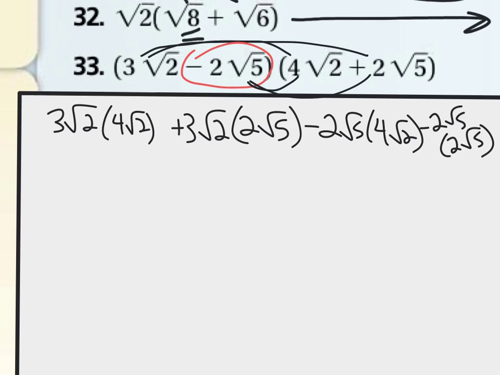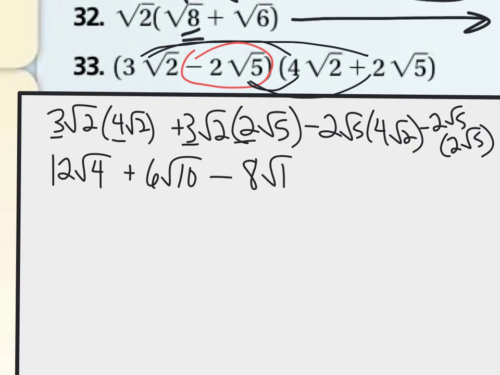But at that point, we'll go ahead and multiply. So on this one, 3 times 4 is 12 square root of 4. And then this would be 6 square root of 10. And then minus 8 square root of 10 minus 4 square root of 25.